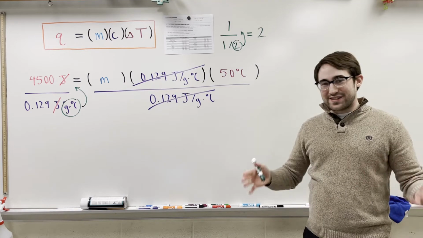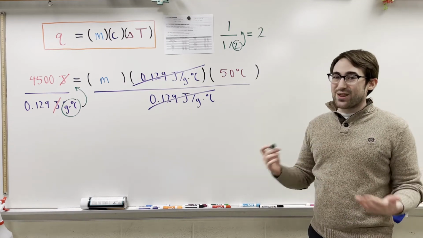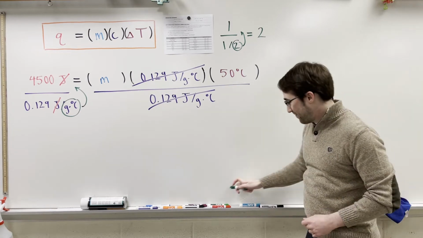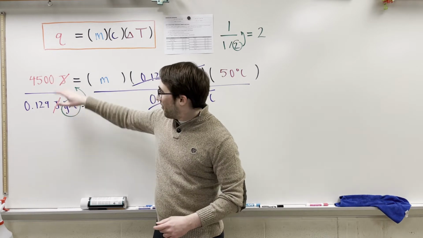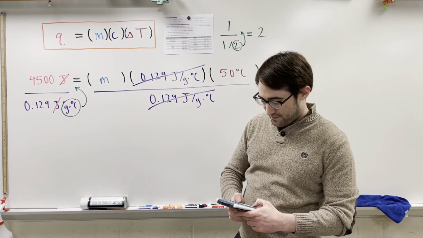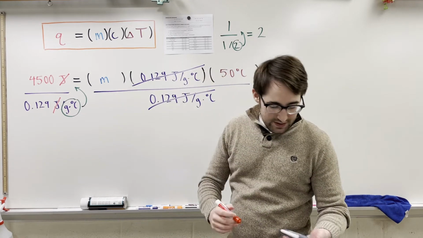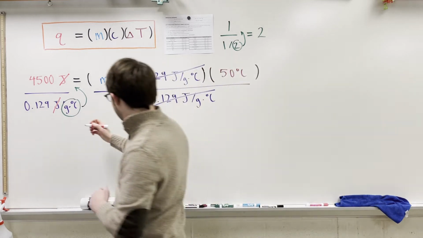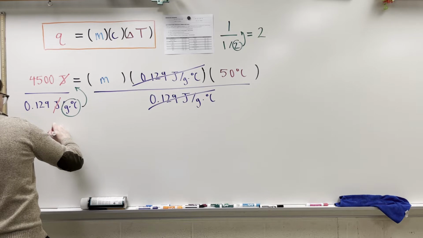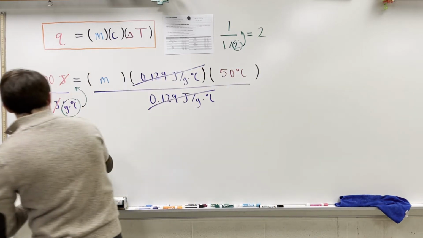Now again, if this weirds you out and it makes it harder for you, then just look for the right units at the end of the problem. But this is where we're going to get our next answer. So we're going to clean this up a little bit. 4,500 divided by 0.129 gives us 34,883.72.